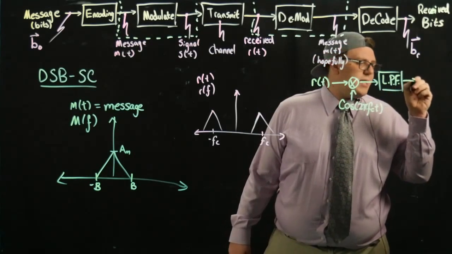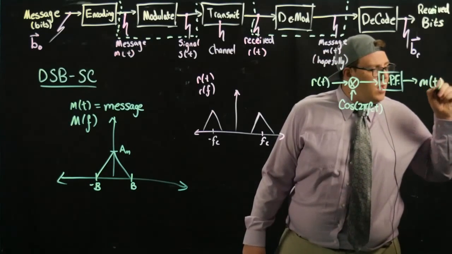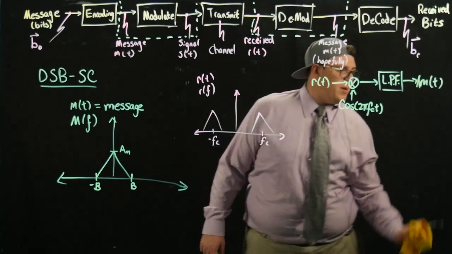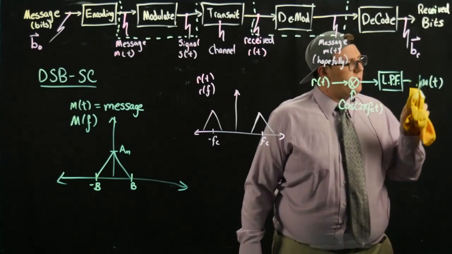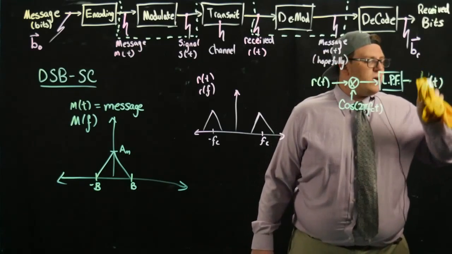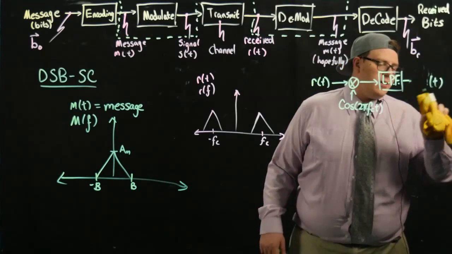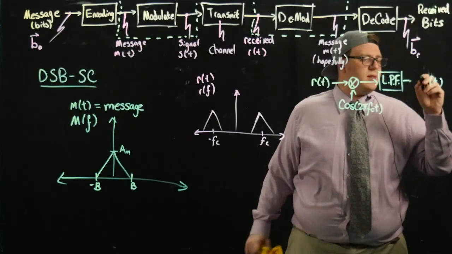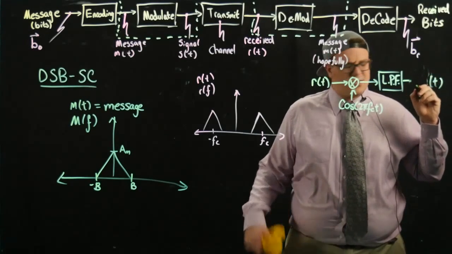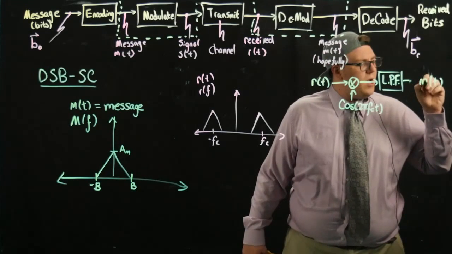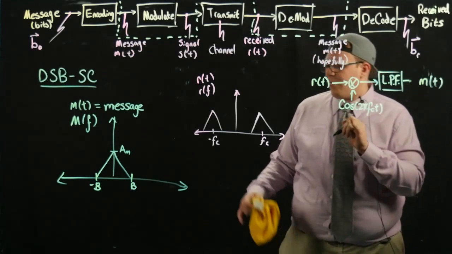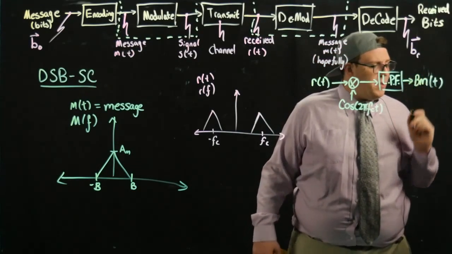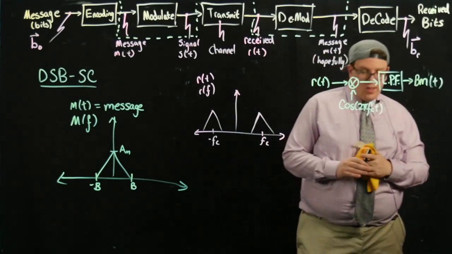I shall show you why in a second, and we should get back m(t) with some scaling out in front. We'll call that scaling b. It's a function of this guy's amplitude, and a couple of 1/2s that arise from the Fourier transform of a cosine. So I'll just call that b·m(t).